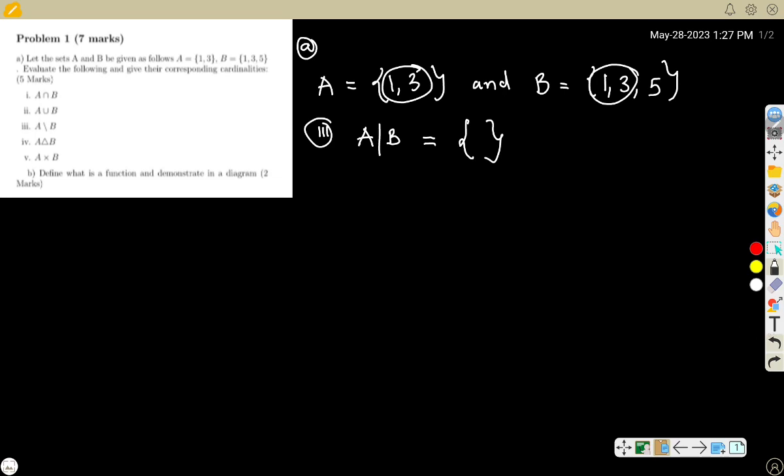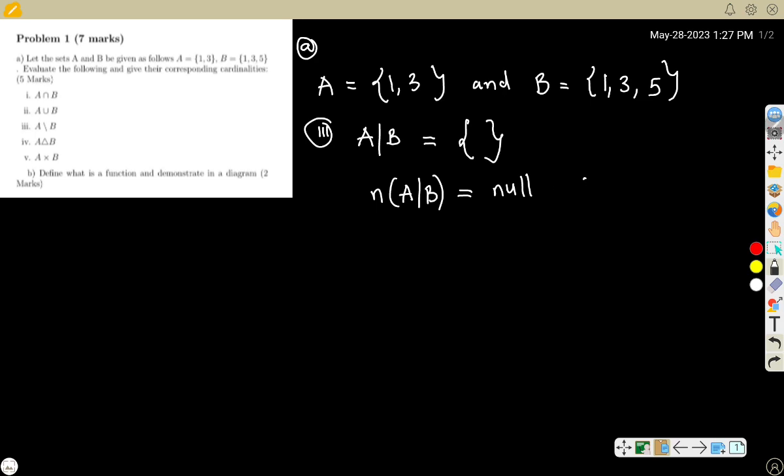So there is no element in A that is not in B, so it's the empty set. So the cardinality is null. So that is empty.